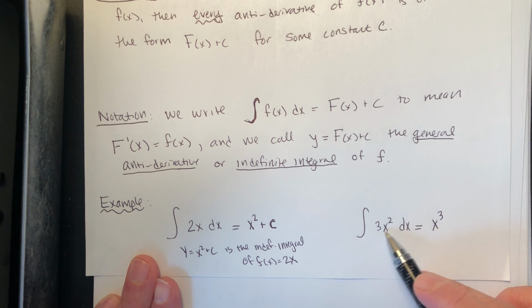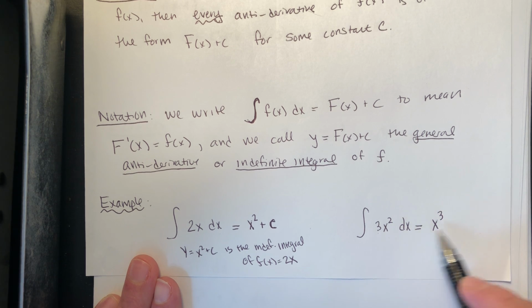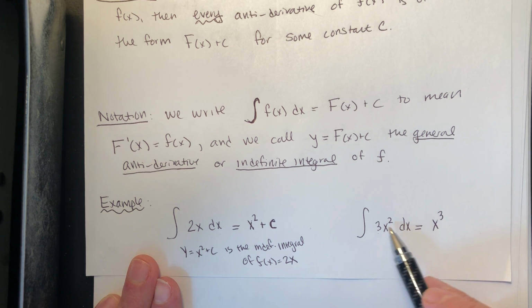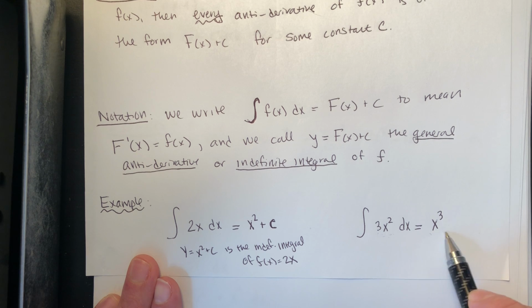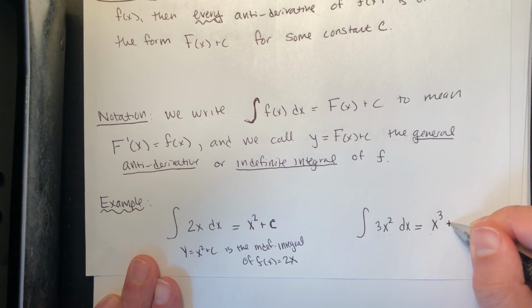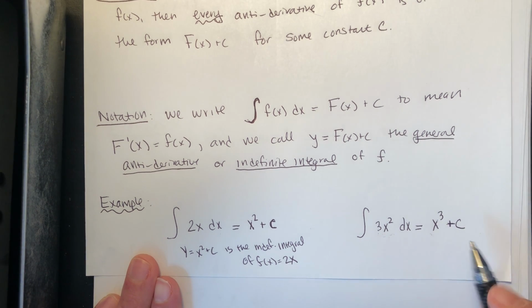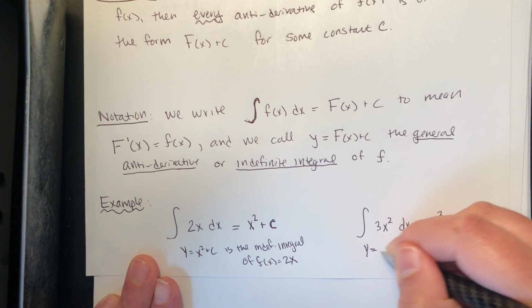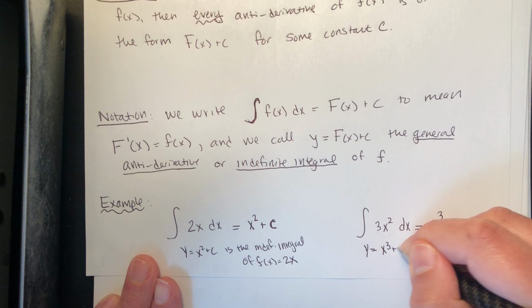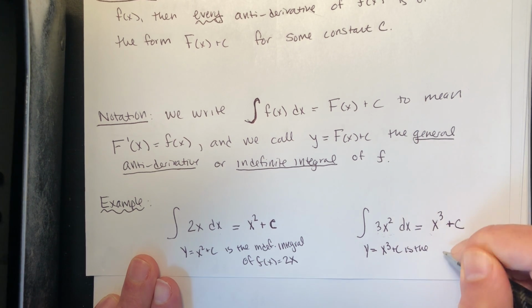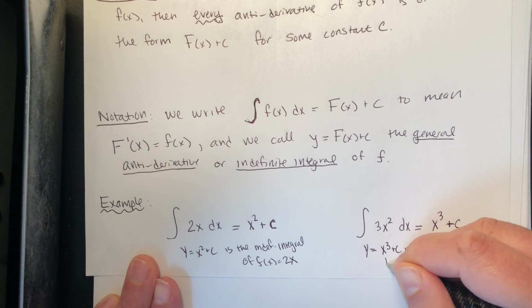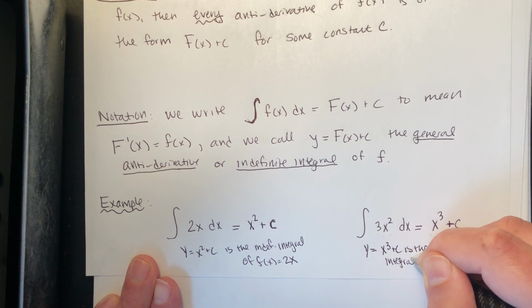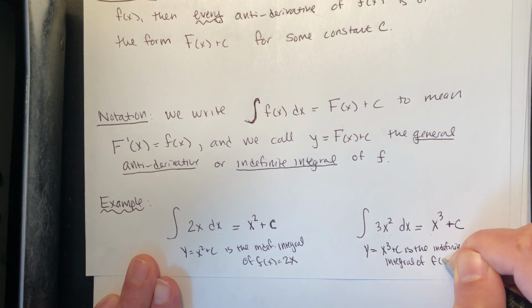You'd bring the 3 down in front, you'd subtract 1 from the exponent, and you get 3x squared. So the antiderivative of 3x squared would be x cubed, but because we're doing the general antiderivative, or the indefinite integral, we put a plus c at the end. And we say that y equals x cubed plus c is the general antiderivative or the indefinite integral of the function f of x equals 3x squared.